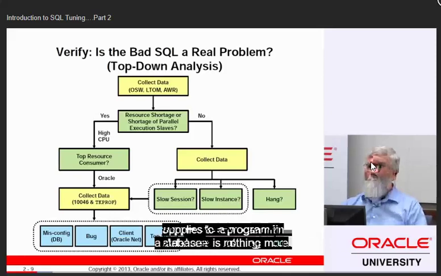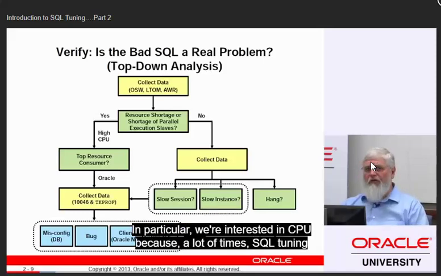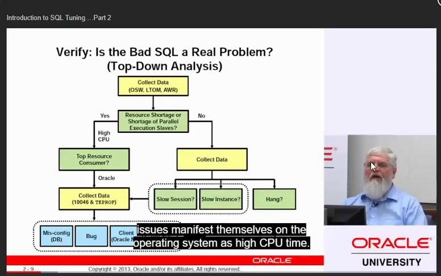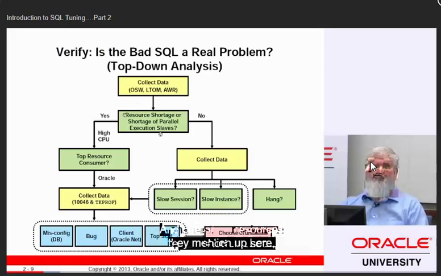In particular, we're interested in CPU, because a lot of times SQL tuning issues manifest themselves on the operating system as high CPU time. So are we short of resources? One of the resources they mention up here that we don't spend a lot of time looking at is parallel execution slaves. In this course, we're going to focus on serial execution, but it gets mentioned here, so I just thought I'd mention it.